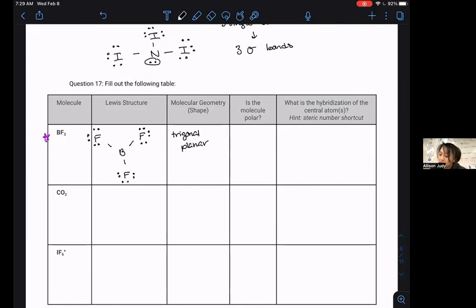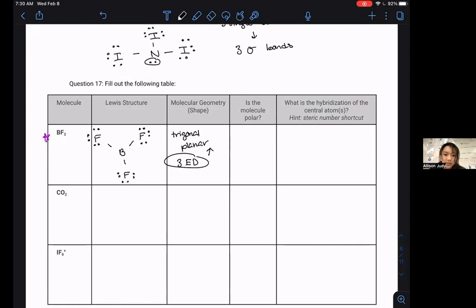Okay, and we know this is trigonal planar because it has 3 electron domains from the 3 single bonds and no lone pairs on the center. Is the molecule polar?